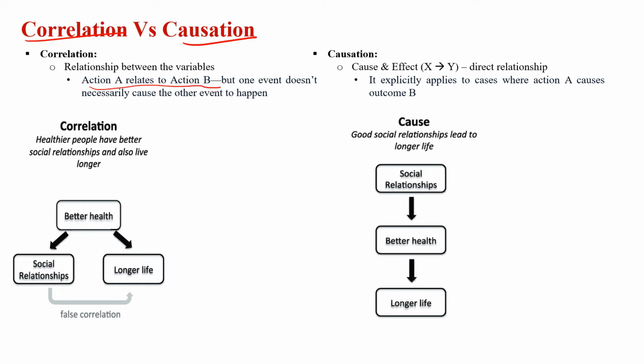But that doesn't mean action A or variable A is causing B to increase or decrease. If one is causing the other to increase or decrease, then there is causation, that is, a cause and effect relationship. Like if action A is causing outcome B, increasing or decreasing B.